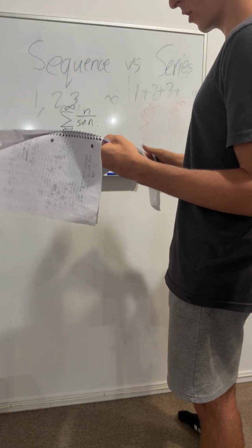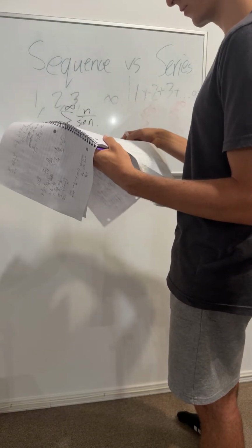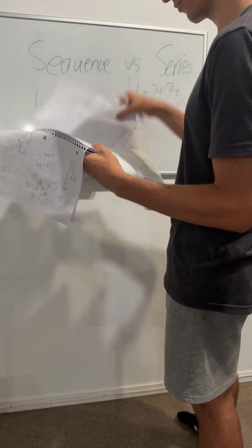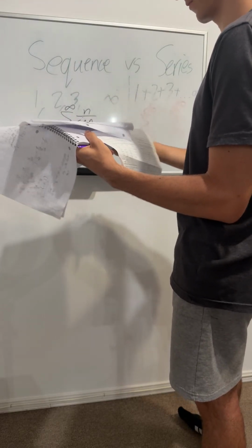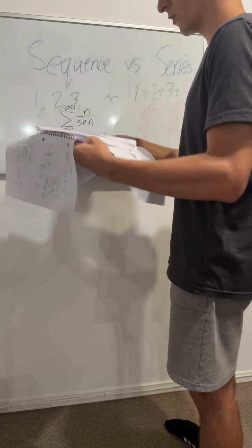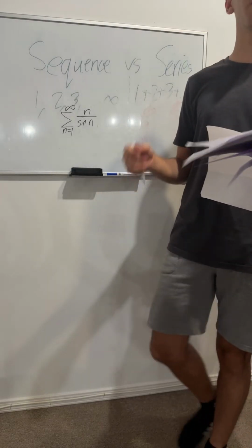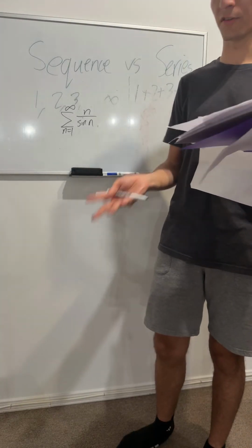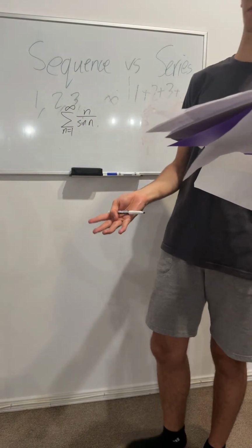Okay, that may look complicated, and I assure you it is not, but let me just refer to my trusty notes. Alright. So, n over sine n. What do we use? So far, we've mainly been using GST, geometric series test. But we also have other types of tests.